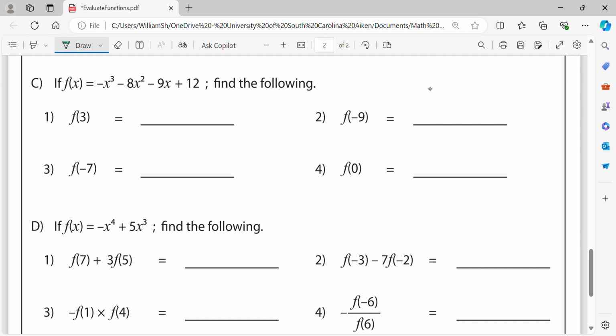Number 1 on part C says f of 3 is what we're looking for. Our original function is f of x equals negative x to the 3rd power minus 8x squared minus 9x plus 12. We're wanting to find f of 3, so I'm going to plug 3 in everywhere I have an x.